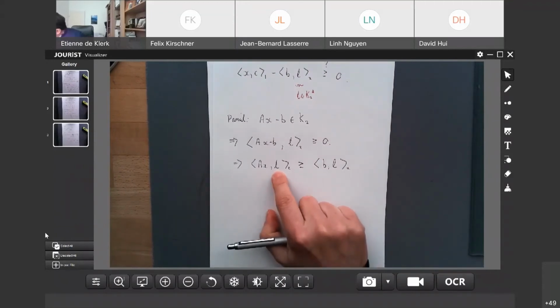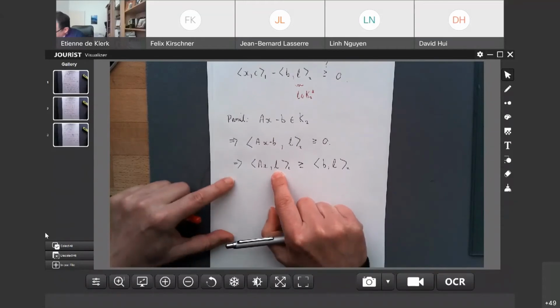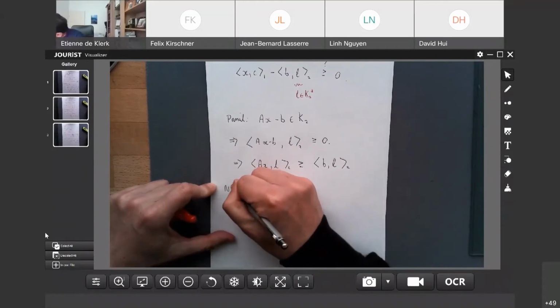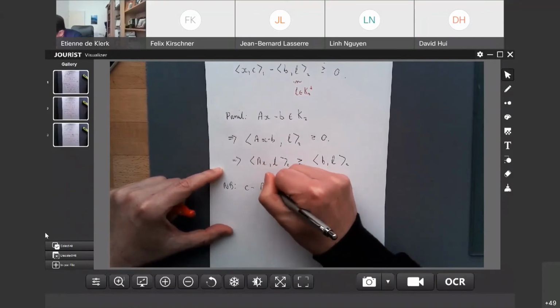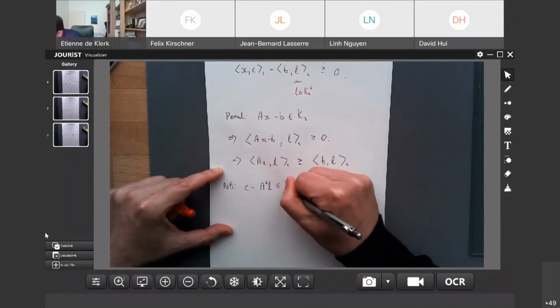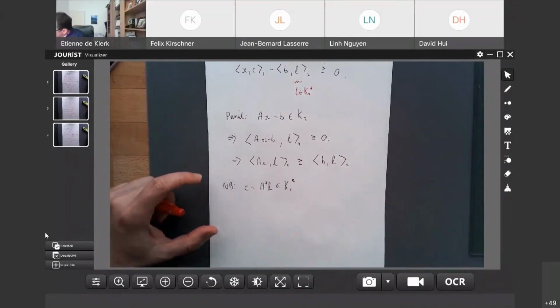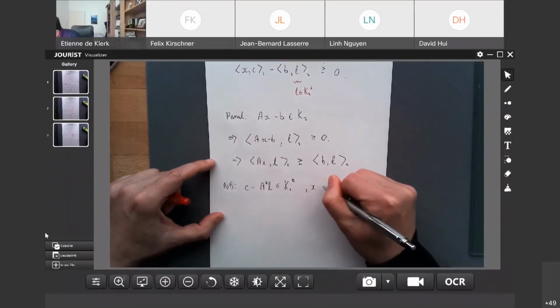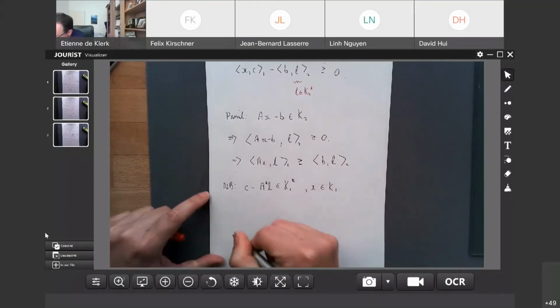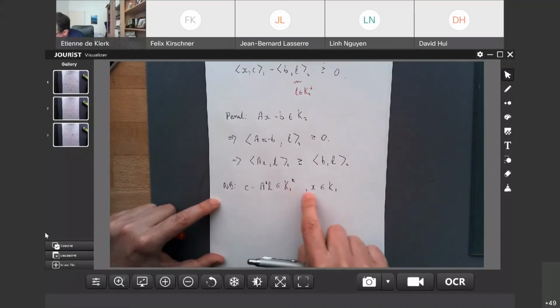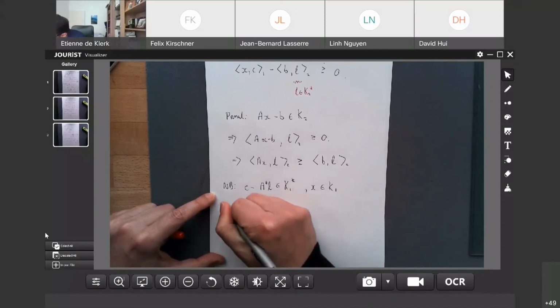Then we need to continue a little bit with this part here. For the dual feasibility we have C minus A star L belongs in the dual cone of K1, and we also know X is in the cone K1. So again, if we evaluate the correct duality, this is in K1 star, this is in K1, so the answer has to be non-negative.